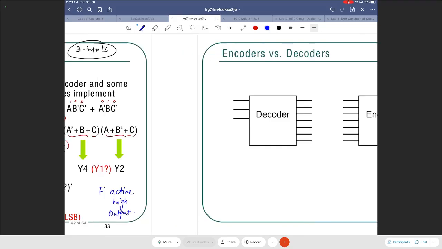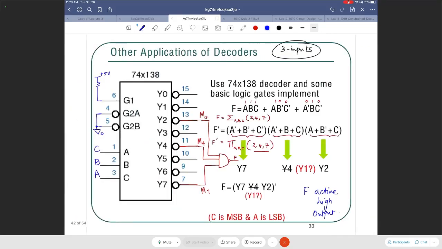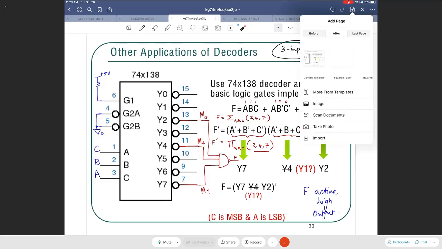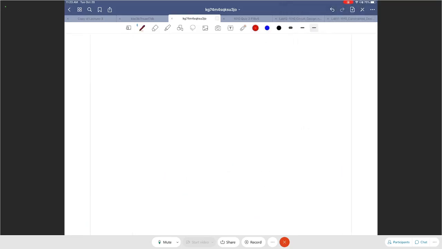Okay, so you can use an OR gate, but you would have to do this, right? One way to implement a function is product of max terms. That's what we just did.